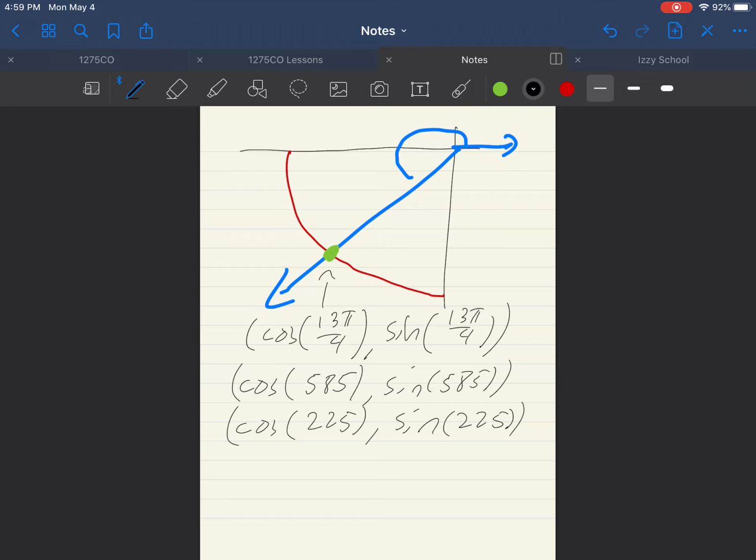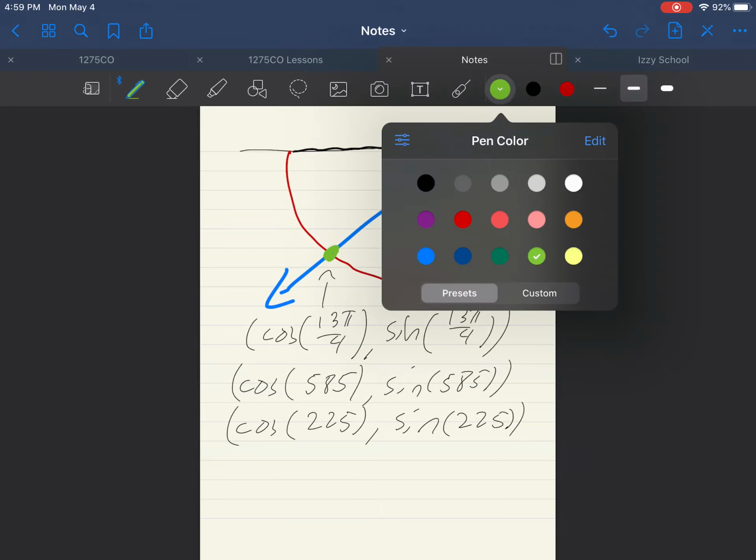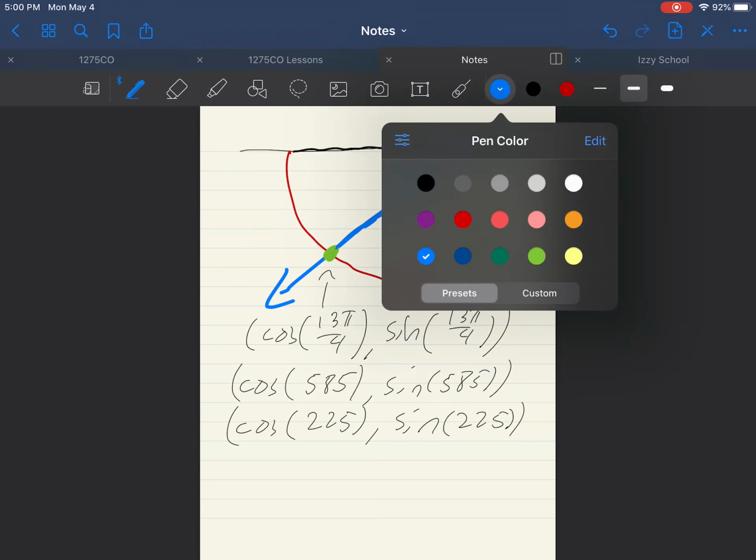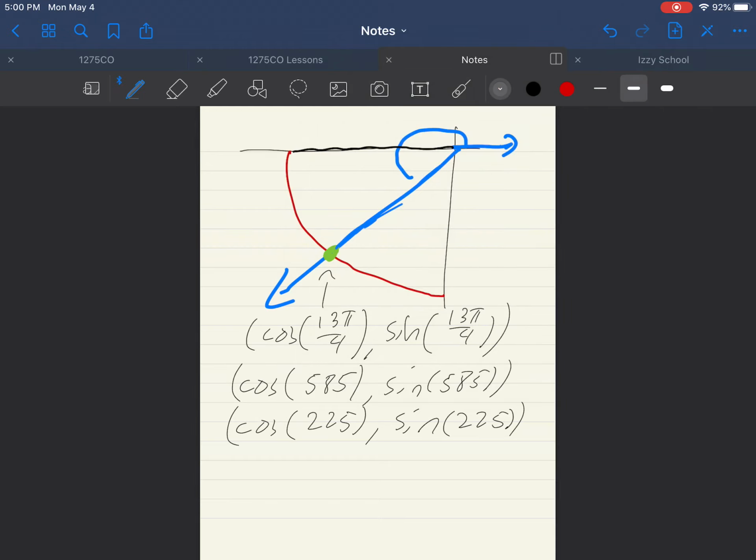So from the x-axis and the terminal side of this angle, in whatever this color is, we could draw a perpendicular line to create ourselves a right triangle within that reference angle of 45 degrees that we calculated earlier.